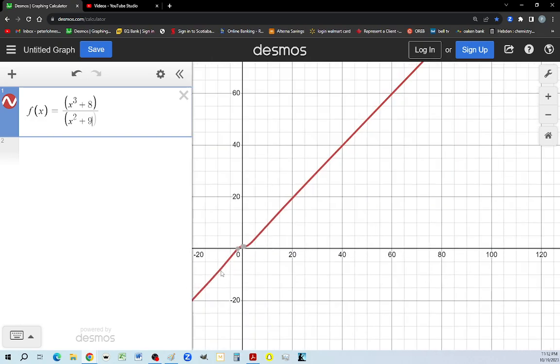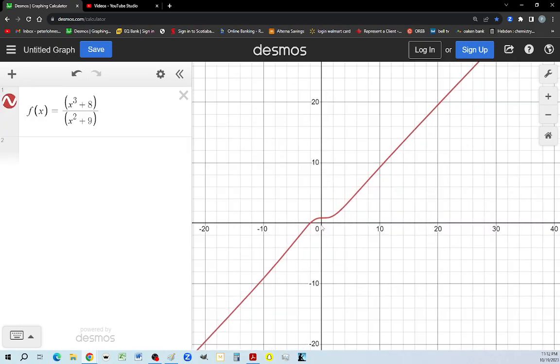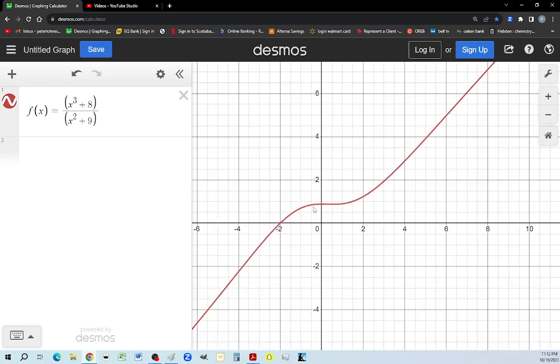I shouldn't say it's going to stay positive. I should just say it doesn't have a vertical asymptote, because there's no way to make this equal to 0 and solve. Once we hit around 3, actually around 0, it will switch down to the other side.